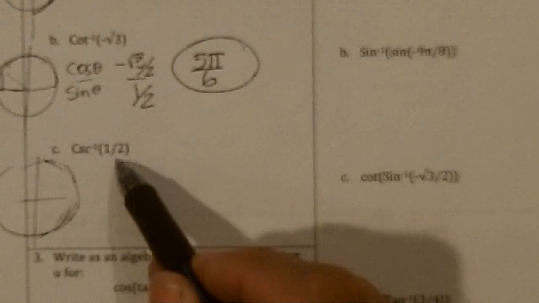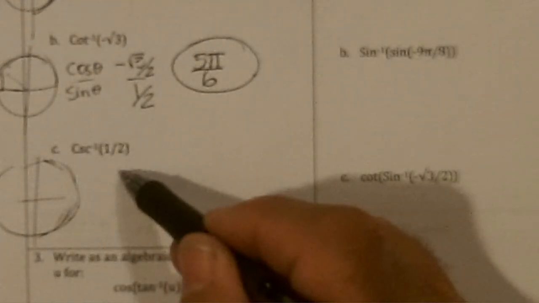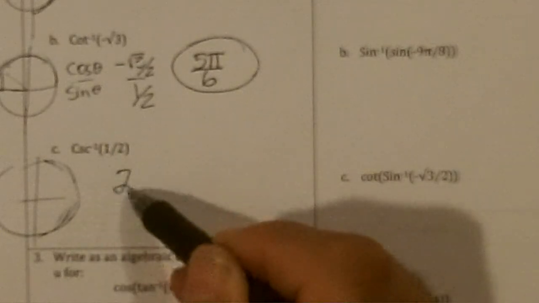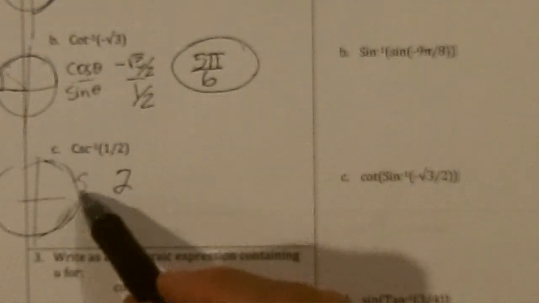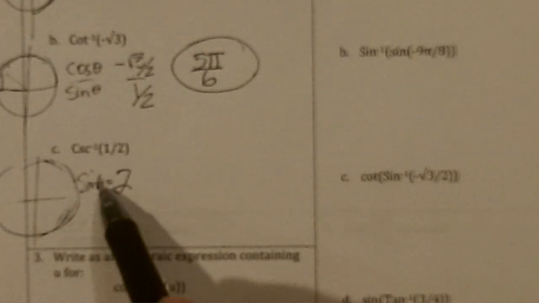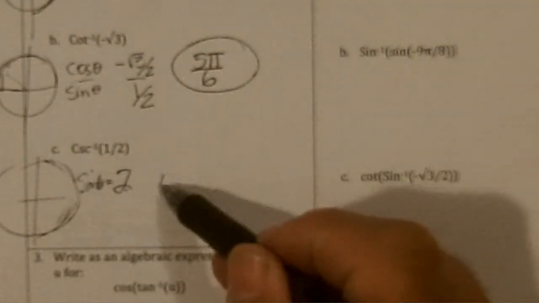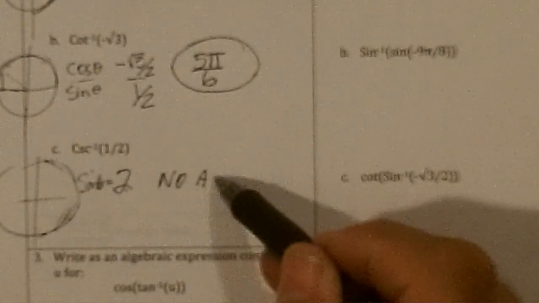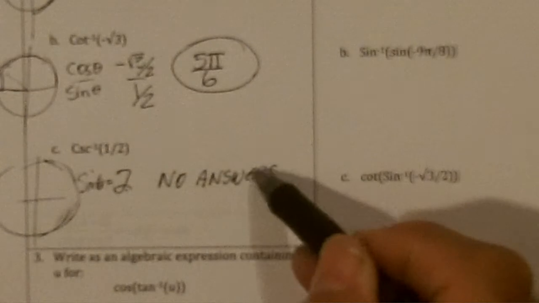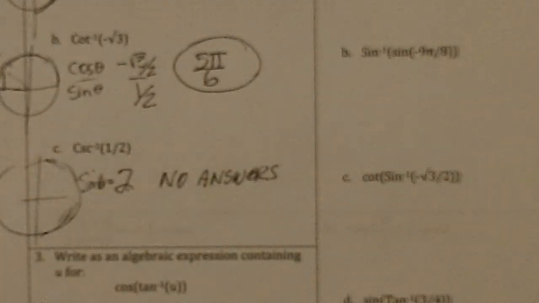And reciprocal of the sine, so the sine would have to be 2, and that is not possible for the sine of some angle to be 2, so no answers on this one. Cosecant is not equal to 1/2. It's either bigger than 1 or less than -1.